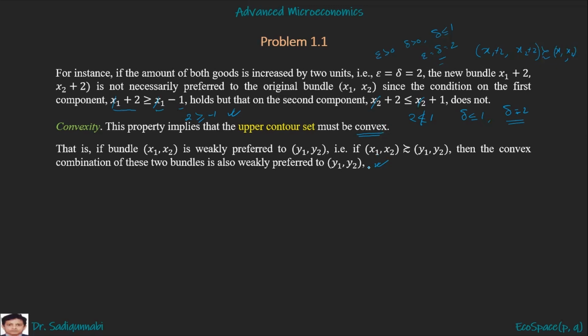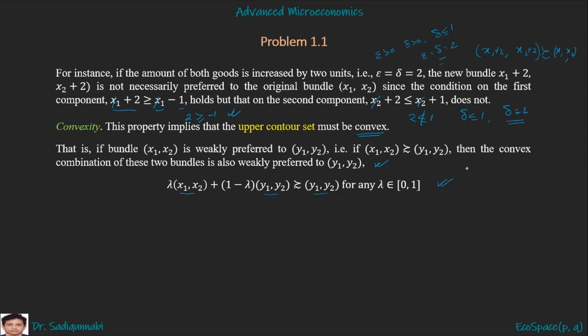Symbolically, you can write this. A convex combination of these two bundles is weakly preferred to the bundle y1, y2.